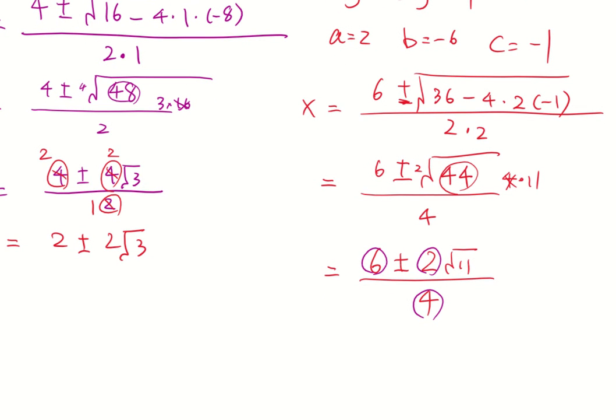It's a 2, right? They have a common factor of 2. So 6 divided by 2 is 3. 2 divided by 2 is 1. And 4 divided by 2 is 2. So the final answer, simplified version, is 3 plus or minus square root of 11 over 2.